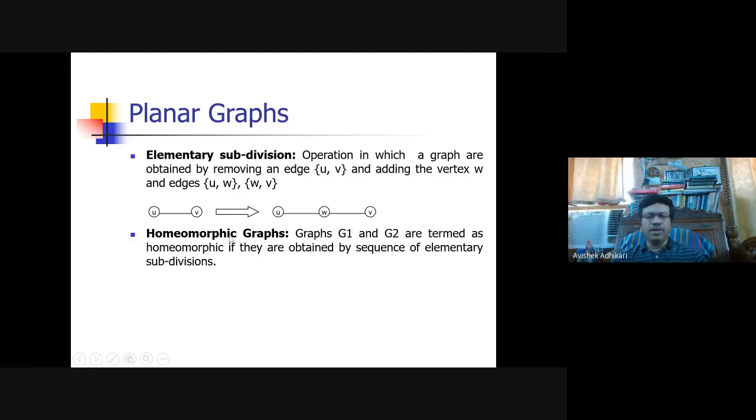Now, what do you mean by homeomorphic graphs? In topology, you might have heard about this term homeomorphic. In graphs also, in a graph theoretic sense, it's different. It says that graphs G1 and G2 are termed homeomorphic if they are obtained by a sequence of elementary subdivisions. Okay.